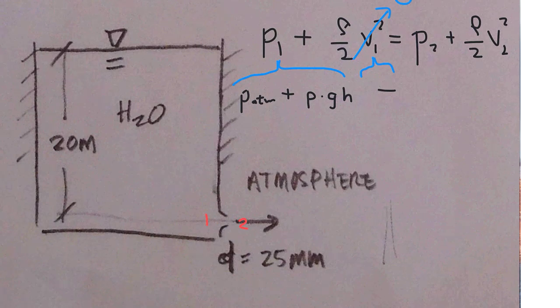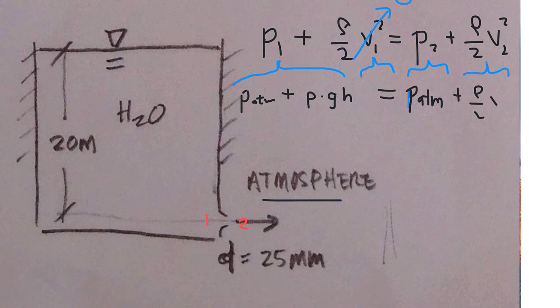So this becomes equal to P2, which we will write now as the atmospheric pressure. And there's no other pressure term here because we're simply out in the atmosphere. And the other term here is the dynamic pressure. It's equal to rho over 2 times V2 squared. This V2 value is what we're looking for.